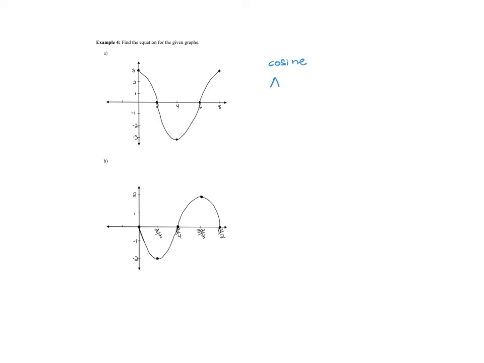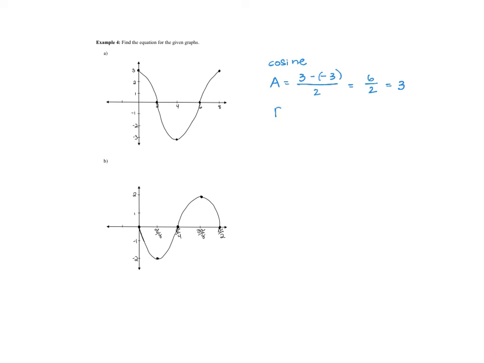If I want to know what the amplitude is, I'm going to take the maximum, which is 3. I'm going to subtract the minimum, which is -3, and I'm going to divide by 2. So I've got 6 divided by 2, or I have an amplitude of 3.